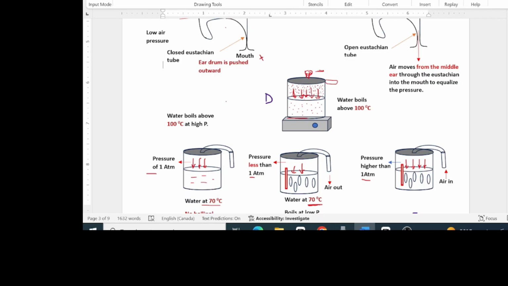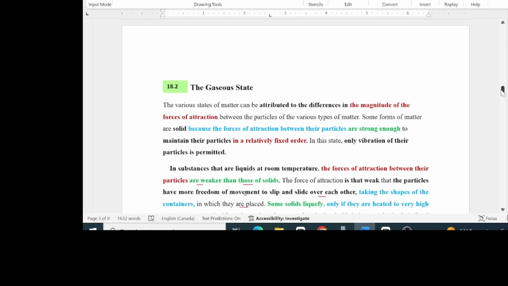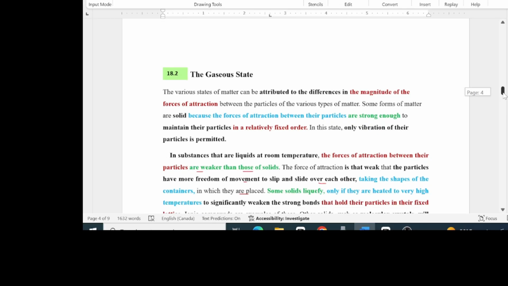Okay, these are the paragraphs here. They speak about how the relative magnitude of the forces of attraction between particles of matter determine their states. Here you're seeing that in solids, these forces are so strong that the particles are in fixed positions.